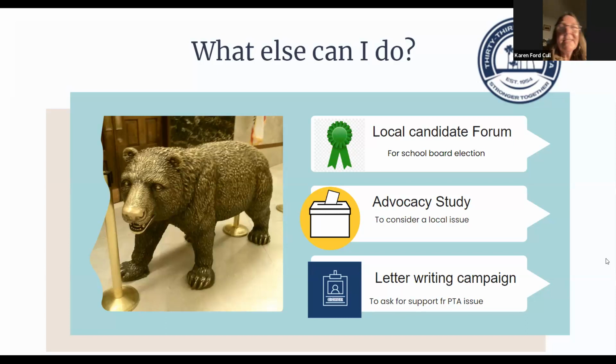Sometimes you think, well, what does it matter that they get an email, but when it all goes together, if every California PTA legislative chair in every unit gets like 20 of their members to do that, that's a lot of emails, right? Right. Exactly.